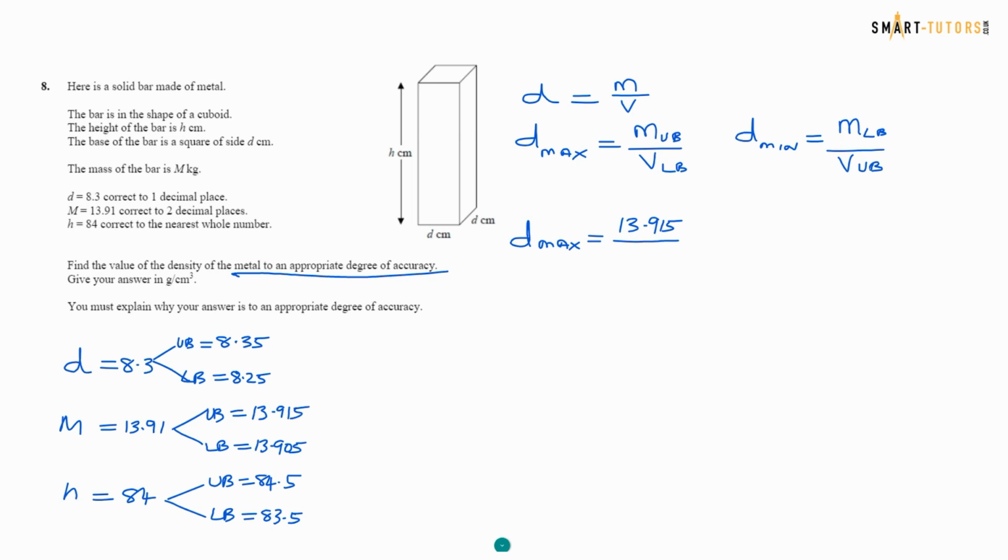The diagram is given, so the volume is D times D times H. The lower bound of D is 8.25 times another 8.25, then H is given, lower bound is 83.5.